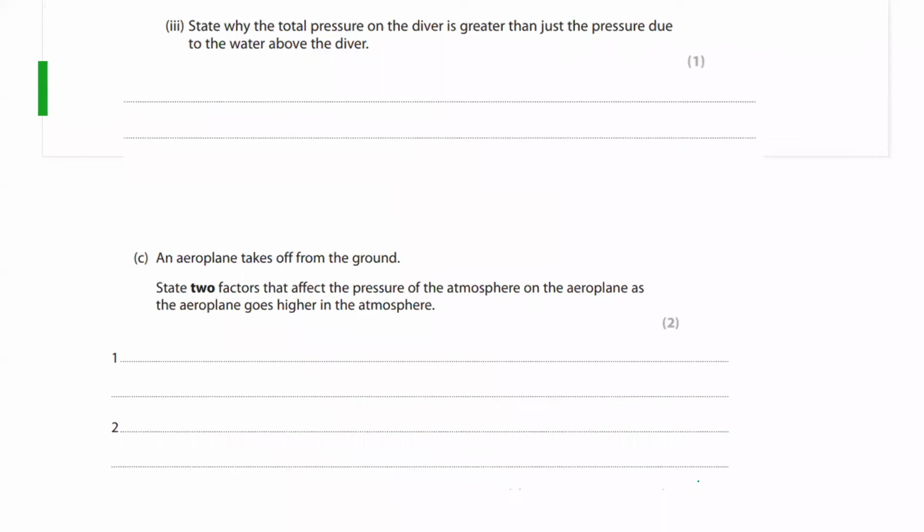State why the total pressure on the diver is greater than the pressure due to the water above the diver. So lots of people get this wrong. There is also an atmospheric pressure, pushing down.